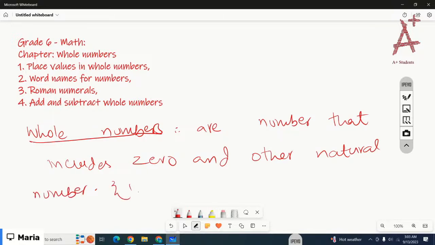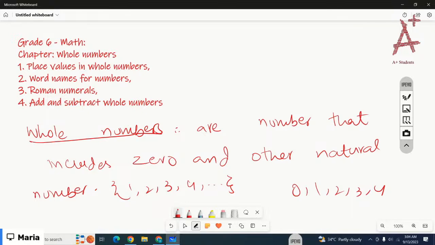Natural numbers are 1, 2, and so on, with no fractional part and no decimal part. So the whole numbers are 0, 1, 2, 3, 4, and so on, with no fractions and no decimals. That is the definition of the whole numbers. You can note it down.